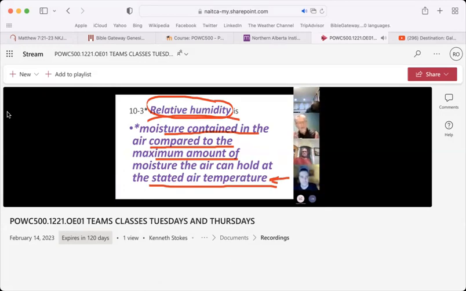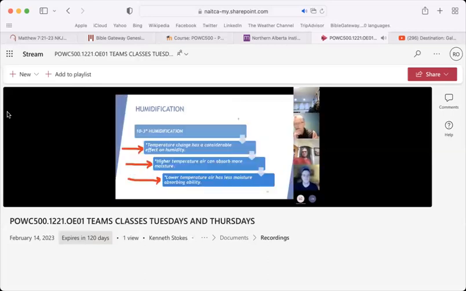One of the things we normally do in a cold climate is bring in air from the outside that's colder than what we have on the inside. By raising that temperature, we're going to drop the relative humidity, and then we have to replace the relative humidity in that air.